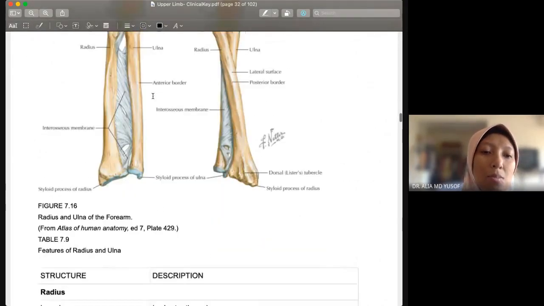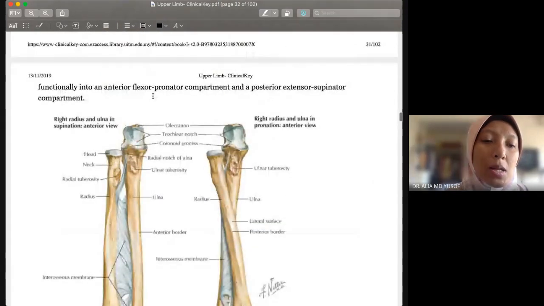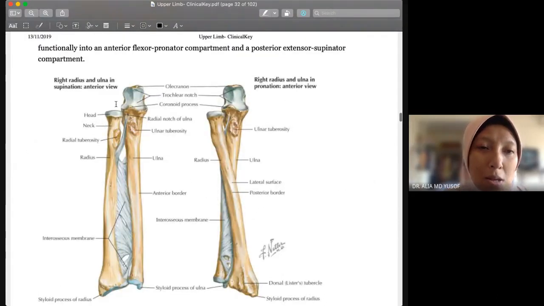But in this case, because dalam forearm ni kebanyakannya dia akan involve medial epicondyle kan, so you lukis sedikit sahaja the distal end of humerus, whereby you can see the lateral epicondyle and medial epicondyle.